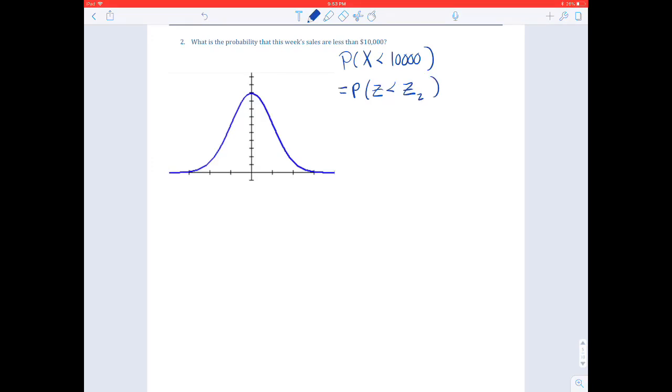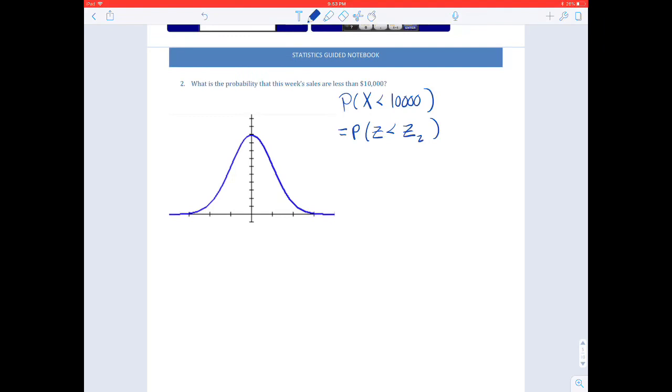Let's find z2. z2 is just going to be our x, which is 10,000 minus 8,500 divided by 650.